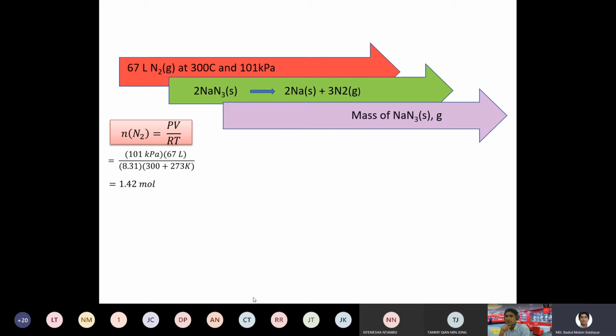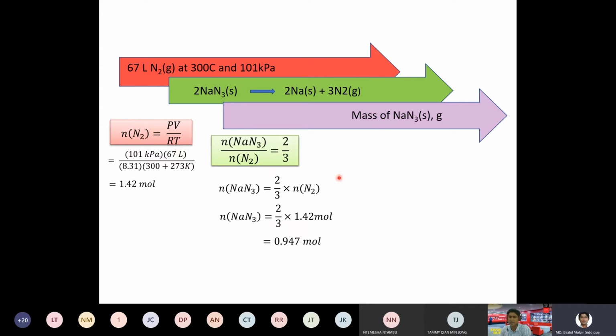So from there we know that PV equals nRT. From there we find the number of moles of nitrogen gas. At this temperature and pressure, if it is 67 liters, how many moles of nitrogen gas is going to be there?